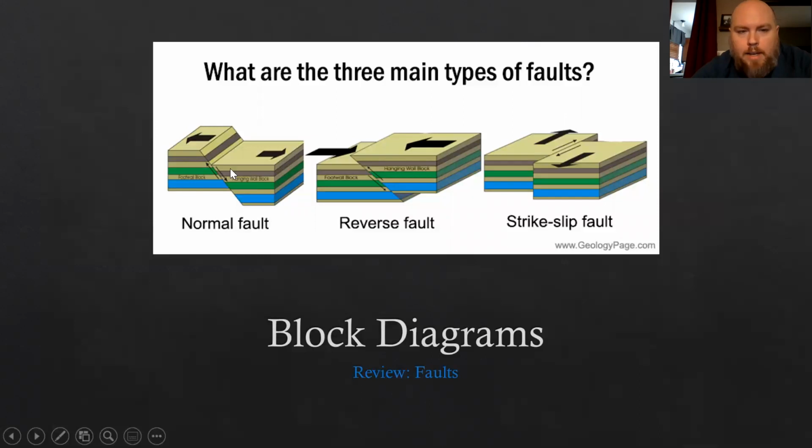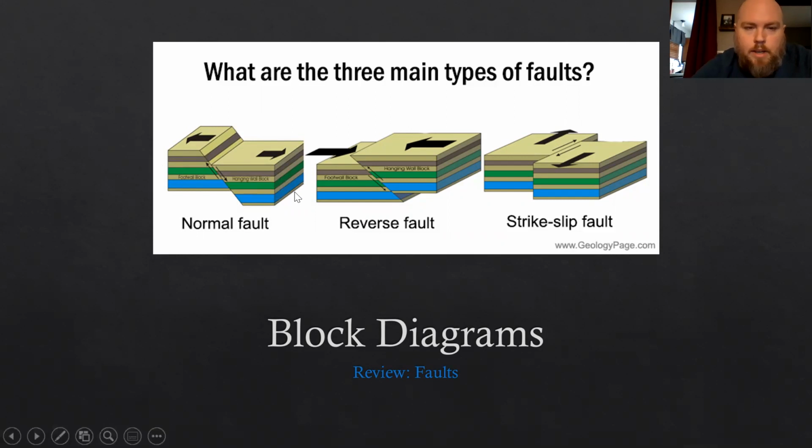So the gray bed is the same gray bed on either side of the footwall and the hanging wall, okay? And that allows you to visualize the sense of motion. And you should do the same thing on your figure, okay? So you should have maybe some indicator beds that are the same color on either side of the fault that then give an indication of what type of fault they are.